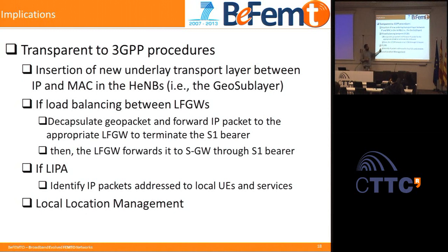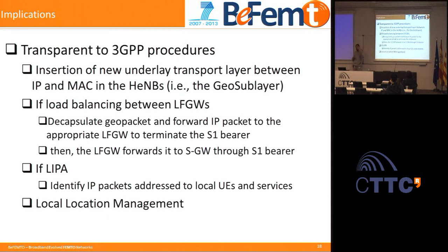And of course, our routing protocol allows you to establish these flows that I was mentioning before, where you could have traffic from a given UE inside the network of femtocells to its serving femtocell, to the target femtocell, and to another UE. Our routing protocol would allow that, and of course the local location management and associated mechanisms would allow that. The problem is that 3GPP specs currently, as far as we know, do not allow you to establish a permanent X2 bearer for sending traffic in this way.